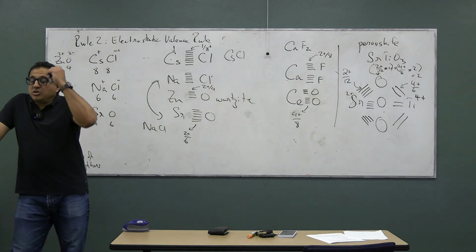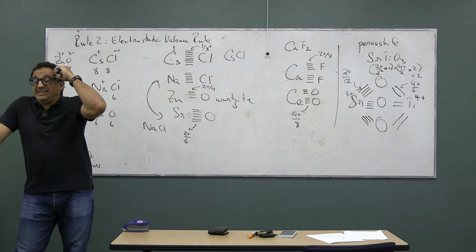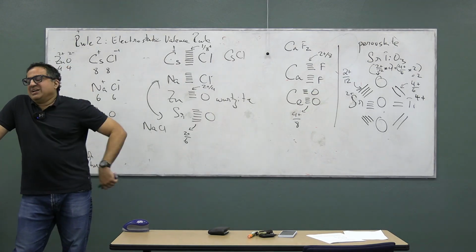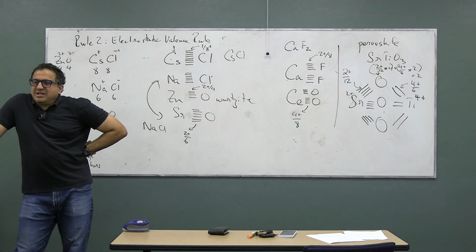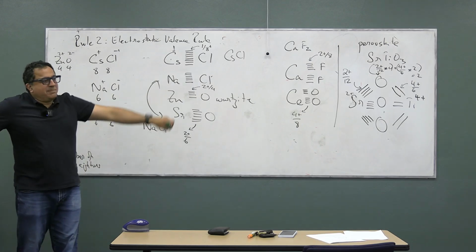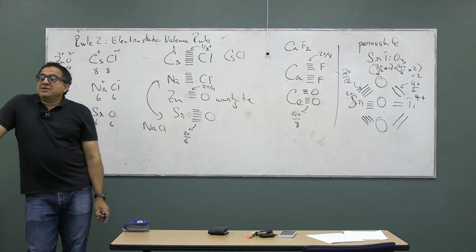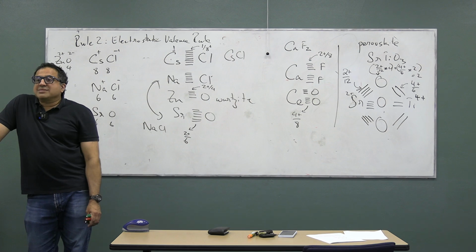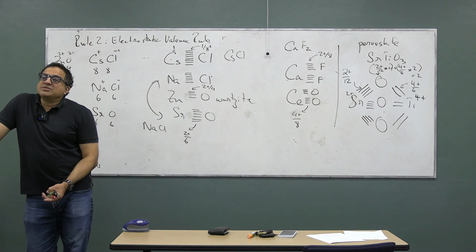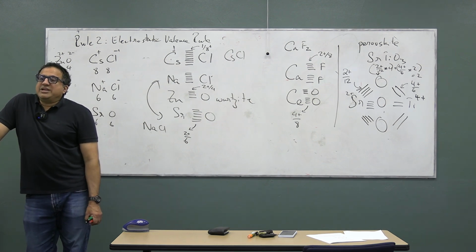For example, you can make the compound titanium nitride, TiN. If you work it out, titanium is 4 plus, nitrogen is 3 minus. You should not have a 1:1 combination of titanium and nitrogen.